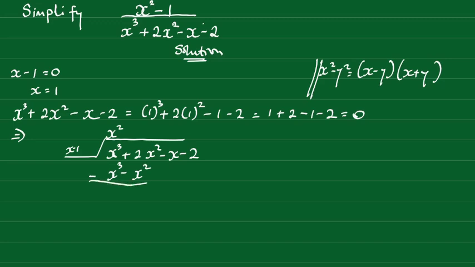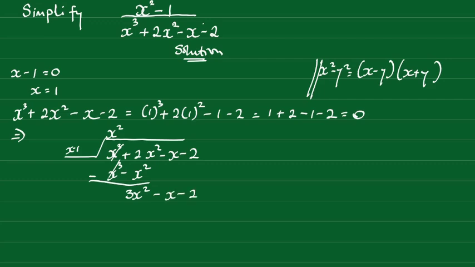Subtract. Now we have x raised to power 3 minus x raised to power 3, this cancels out. Now minus times minus gives us plus, so we'll have plus 2x squared plus x squared. This gives us 3x squared. We bring down minus x, we bring down minus 2.